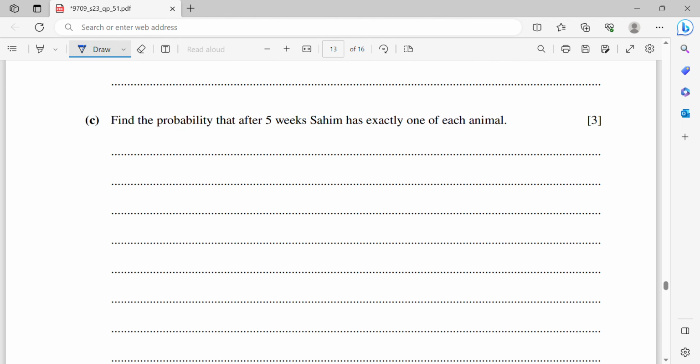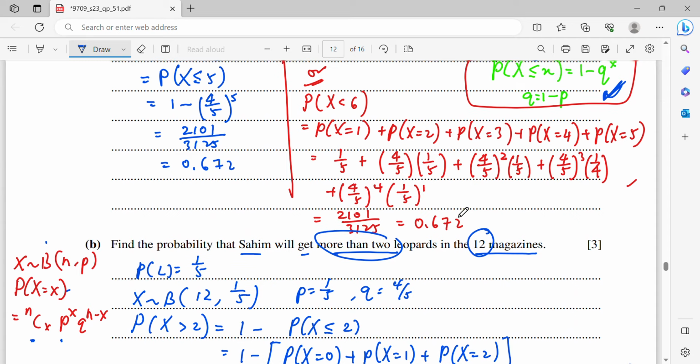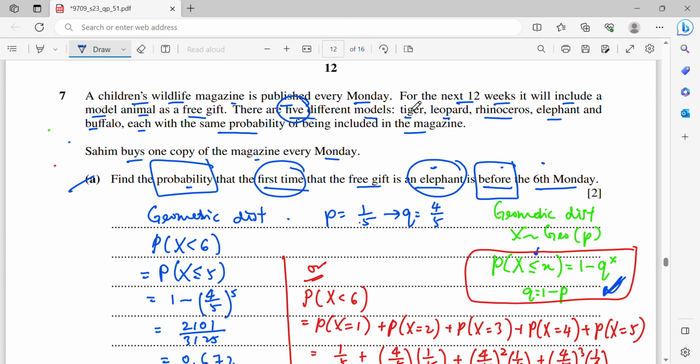Okay, now part C. Find the probability that after 5 weeks, Sahim has exactly 1 of each animal. So basically we have 5 animals. After 5 weeks, he got 1 for each. Let's say T for tiger, L for leopard, R for rhinoceros, E for elephant, B for buffalo.